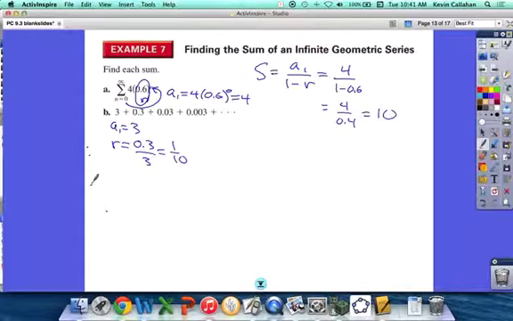So that's all you need. Plug it in the formula. S equals 3 over 1 minus 1/10.